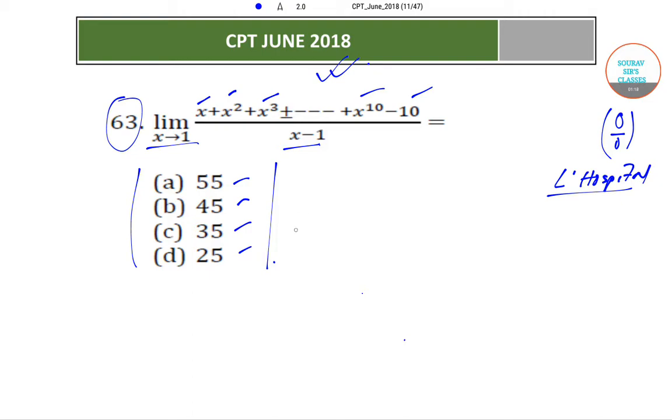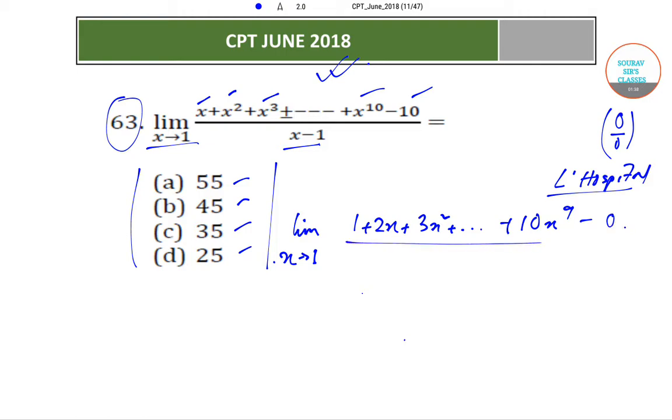Upon applying the L'Hospital rule, we'll have the limit x tends to 1. The differentiation of x will be 1, then we have 2x, then 3x², and finally 10x⁹, and the differentiation of 10 is 0. So there is one 0 over here, and then we have 1.